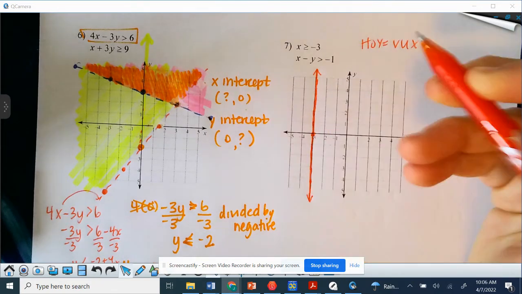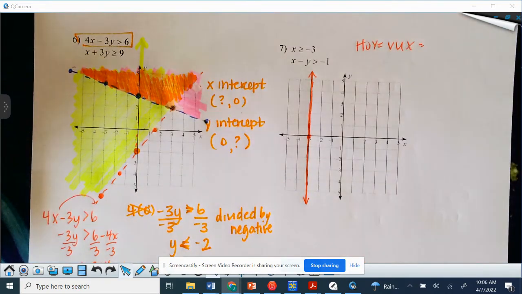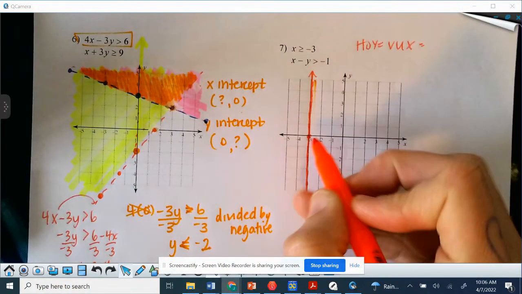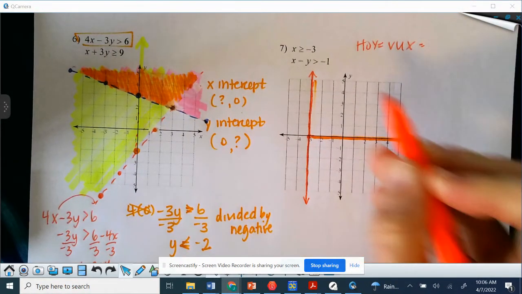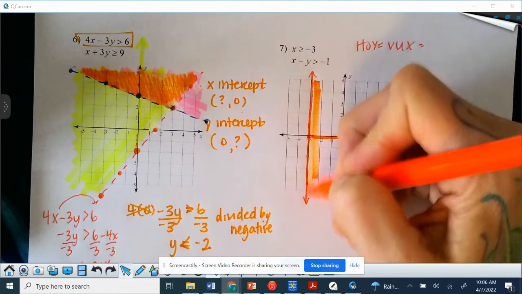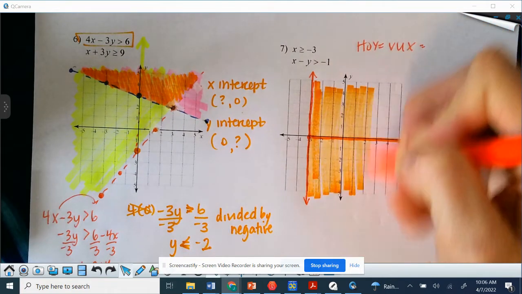And it says x is greater than. Now, in this case, we are looking at the x values. So that means we are going to shade to the right because x is greater than negative 3, going this way on the x-axis, because it's an x equals inequality. Because it is that vertical line, we're shading this way.